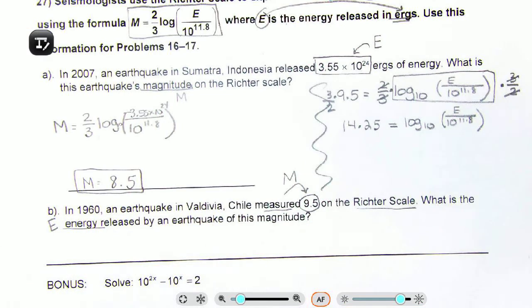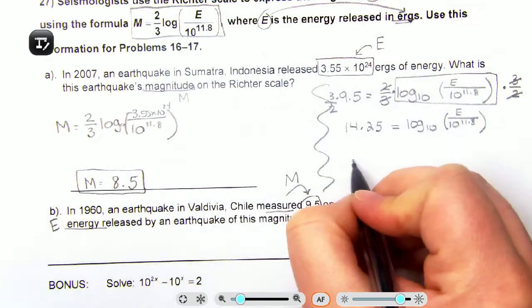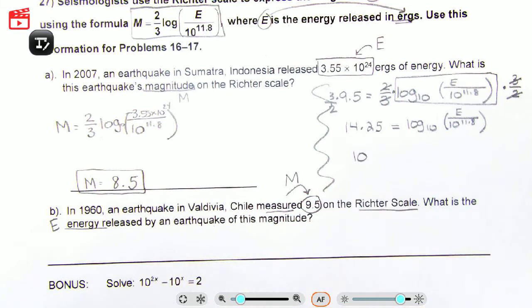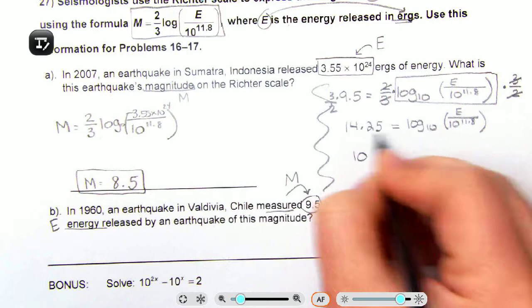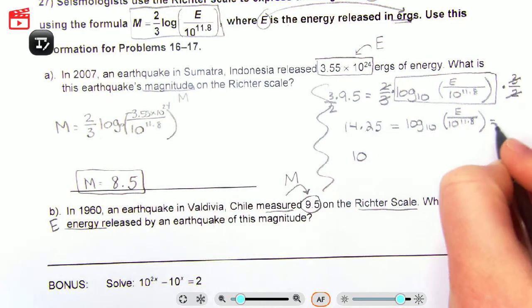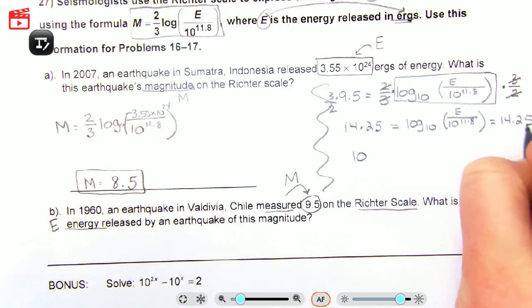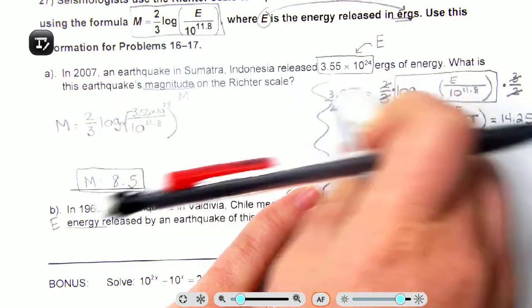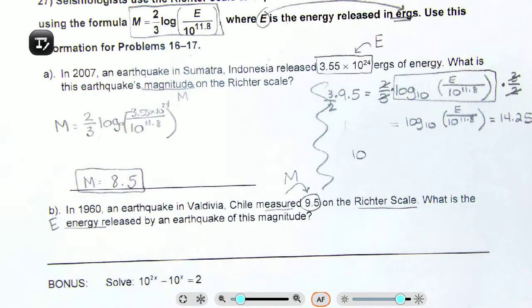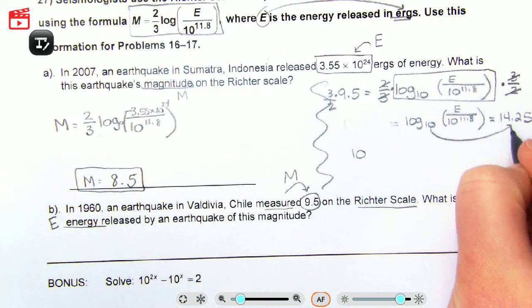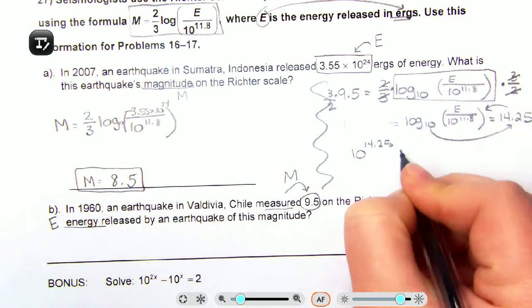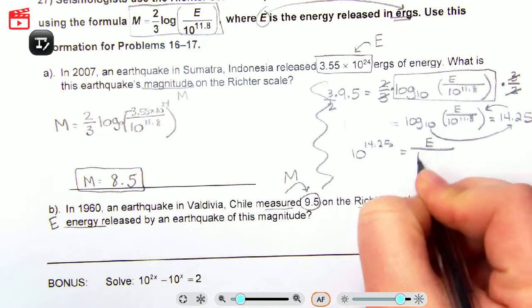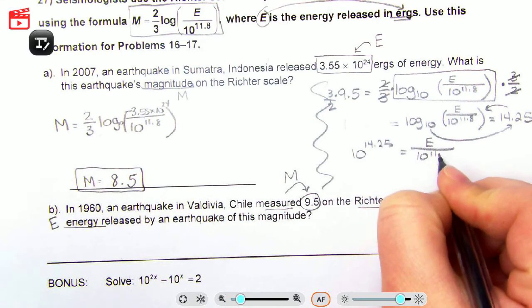This is where I'm going to use the definition of a logarithm. So I'm rewriting it as an exponential function. So I have 10. Again, we're going counterclockwise, but in this case, this 14.25 would be placed on my right-hand side. So then we have 10 with exponent 14.25, and that's equal to E divided by 10 to the power of 11.8.